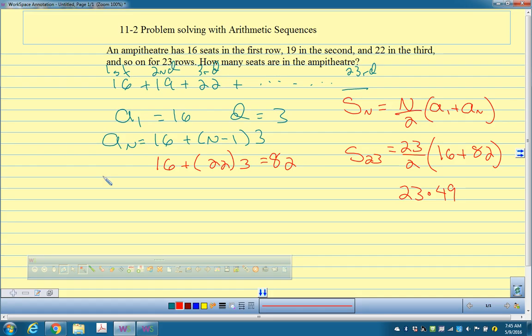Oh, it's got to end in 7, right? You know what? I was subtracting 49 instead of 23. So that's equal to 1,127.